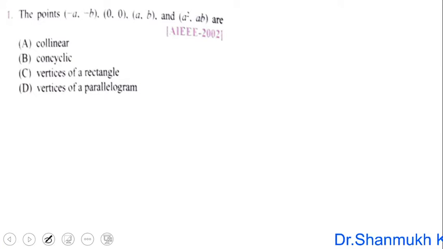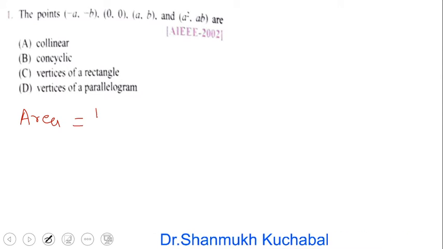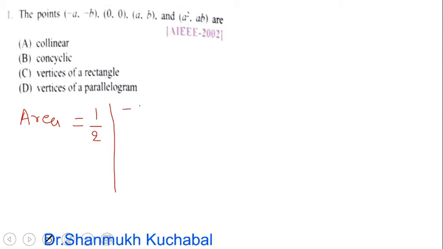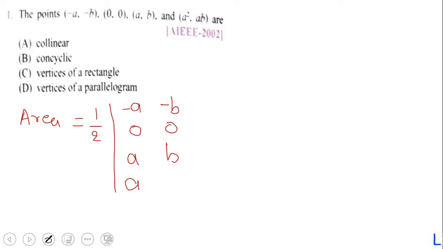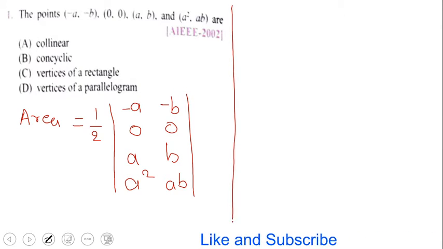Here I am going to find the area of the quadrilateral, equal to 1/2 times the determinant of the points (-a, -b), (0, 0), (a, b), (a², ab). The 1/2 stays as it is.